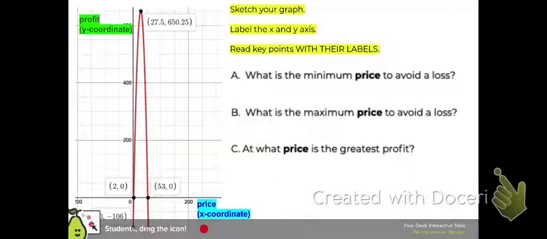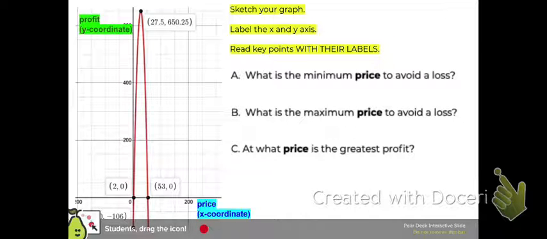(2, 0) is saying when the price is $2, now my profit is 0. So I'm finally breaking even. I have to be charged at least $2 to make 0 profit. Anything above $2, it looks like my profit is going up.